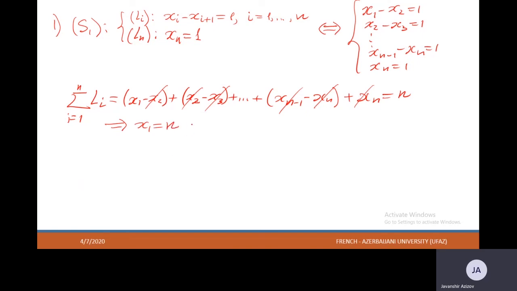From here it follows that x2 is x1 minus 1, which is n minus 1, and we continue this process line by line.